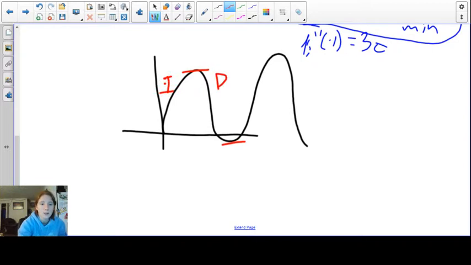The second derivative gives me concave up or concave down.